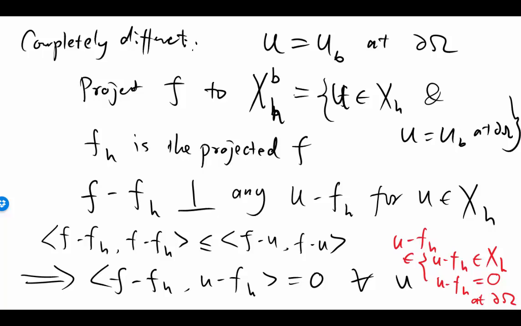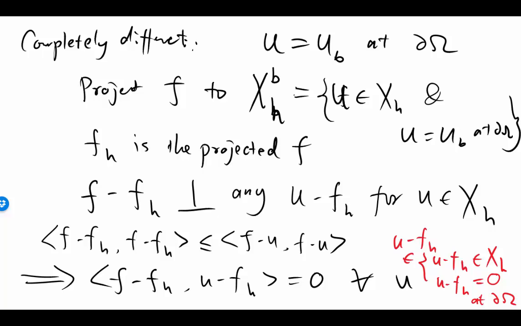Okay, so the space Xh^b is the subspace. Now, I shouldn't call it a subspace because it's no longer a linear space. It's the affine space within the bigger space Xh that satisfies the same non-homogeneous boundary condition.